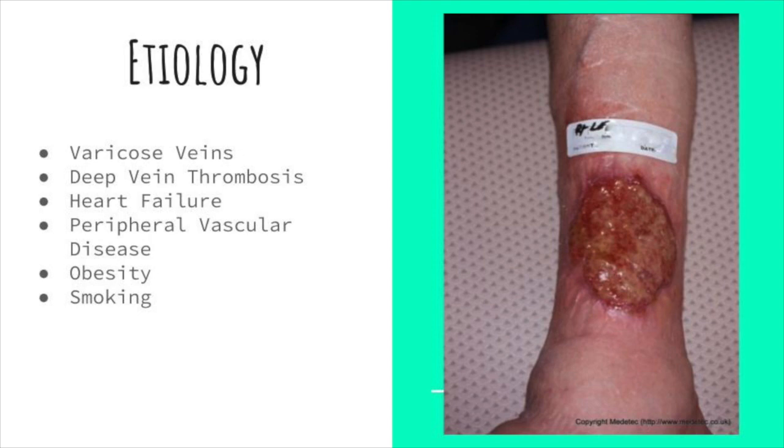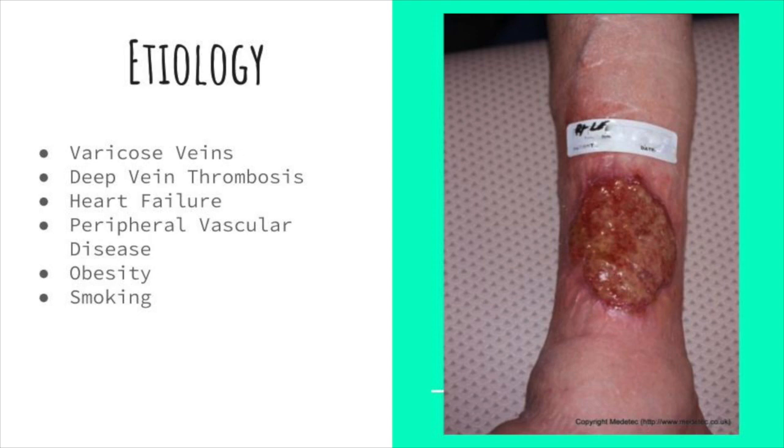Any condition that causes blood to pool in the veins of the leg is a potential cause of venous ulcers, including varicose veins, deep vein thrombosis, or heart failure, all of which are differential diagnoses of venous ulcers.